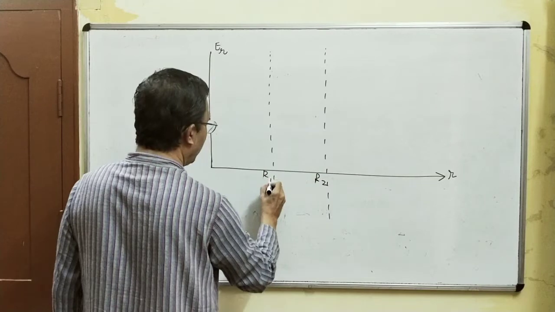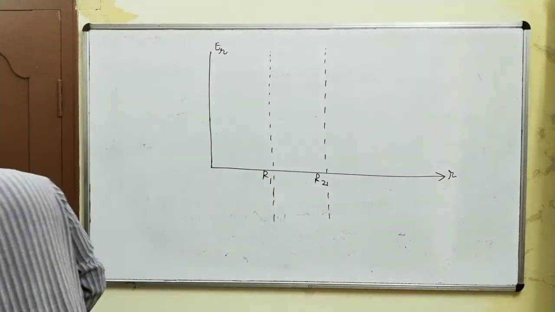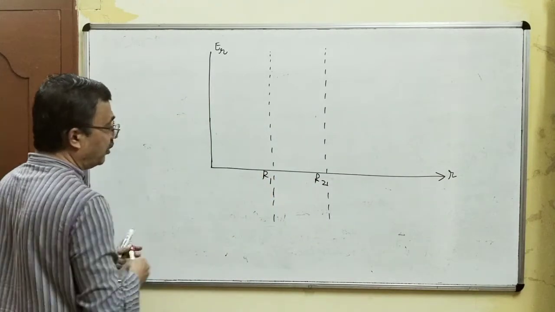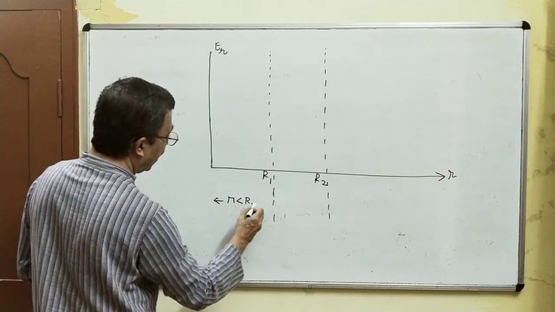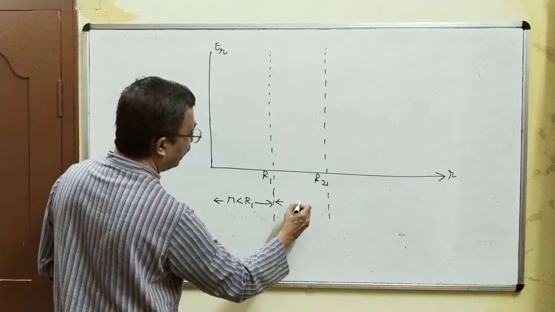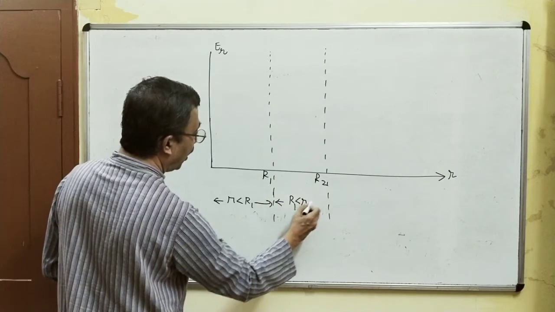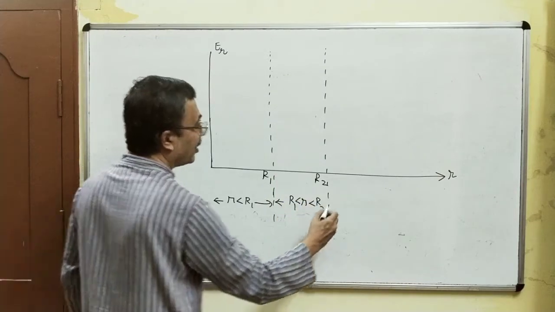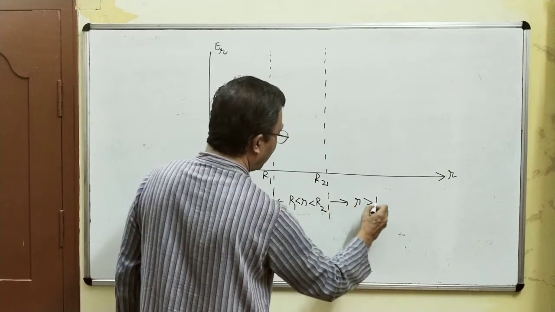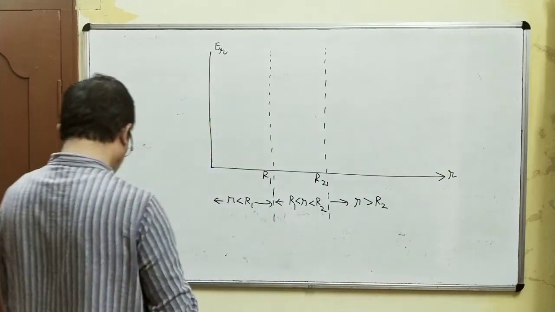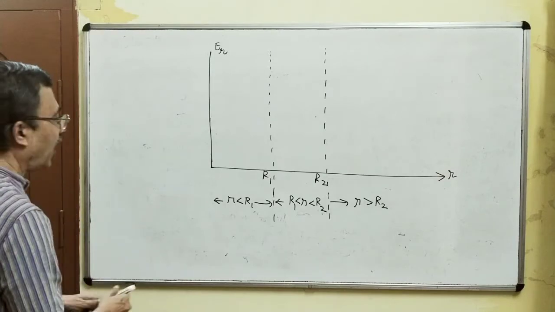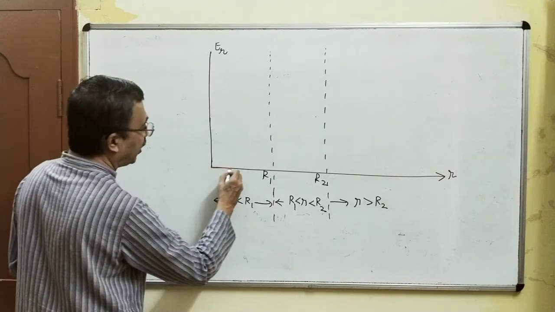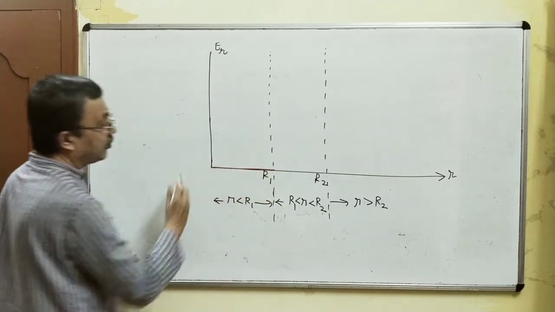From the analysis we have done, this region is r less than r1, this region is r lying between r1 and r2, and this region is r greater than r2. For r less than r1, electric field intensity is 0.